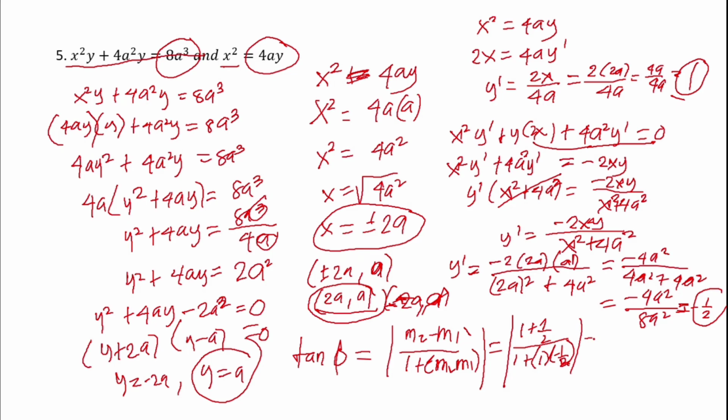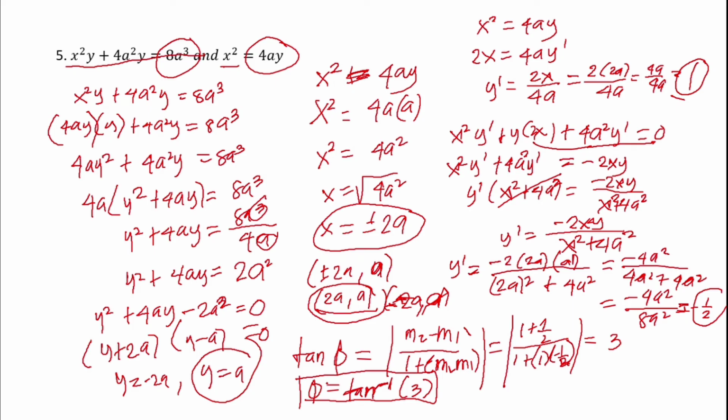So the result of this one is 1 plus 1 half. If we calculate that, it is 3. So therefore, phi is equal to the inverse tangent of 3. Okay, inverse tangent of 3, use your calculator.